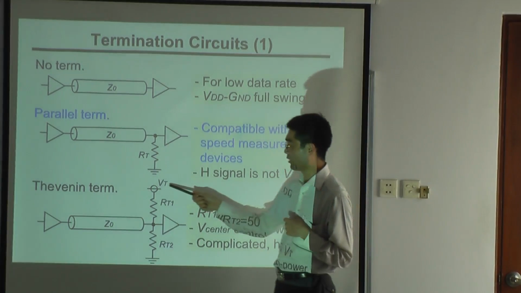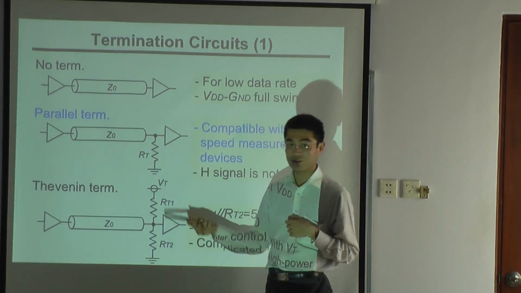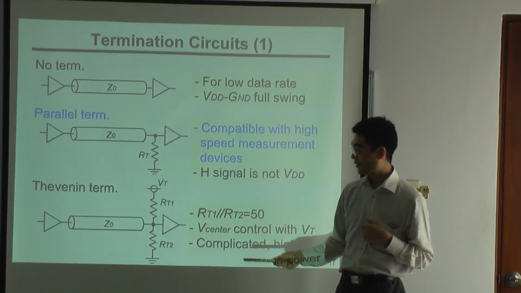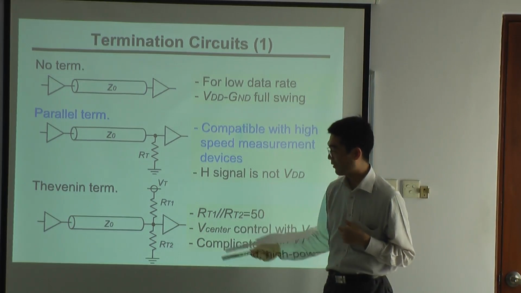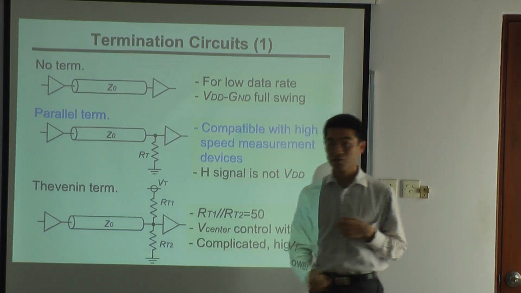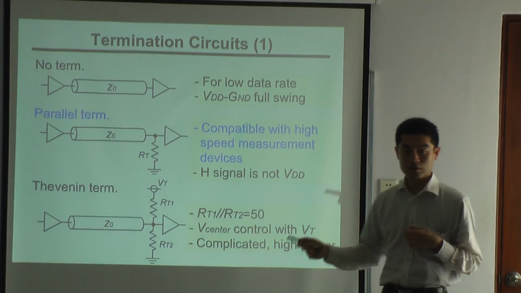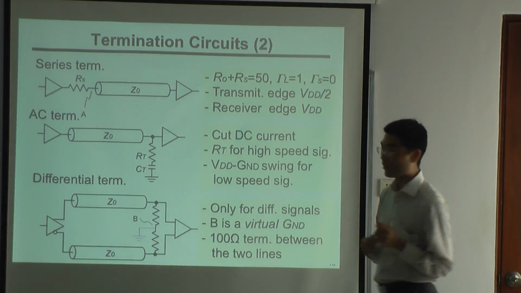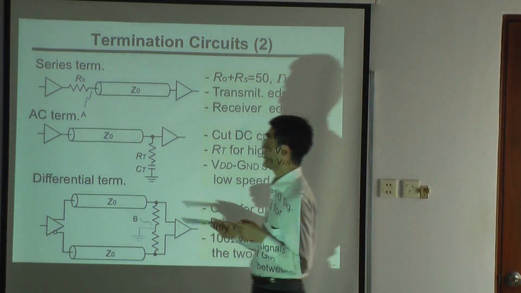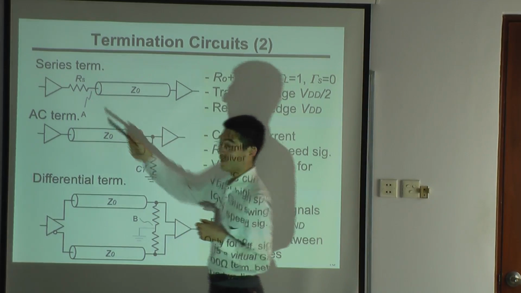But in this case, when you apply a higher voltage here, we can control the DC voltage, so it is easy for the receiver side to judge whether this is high or not.